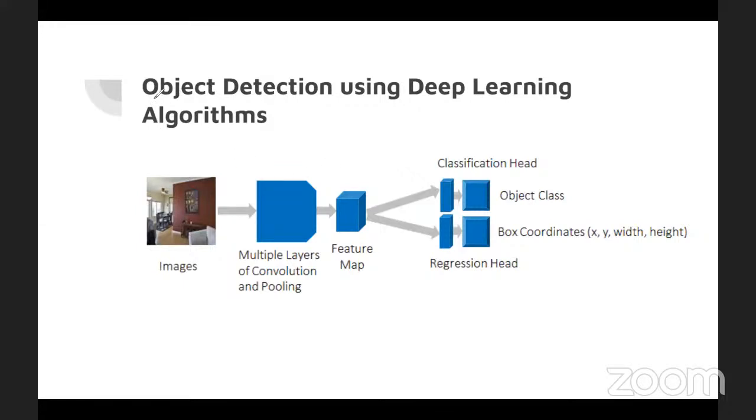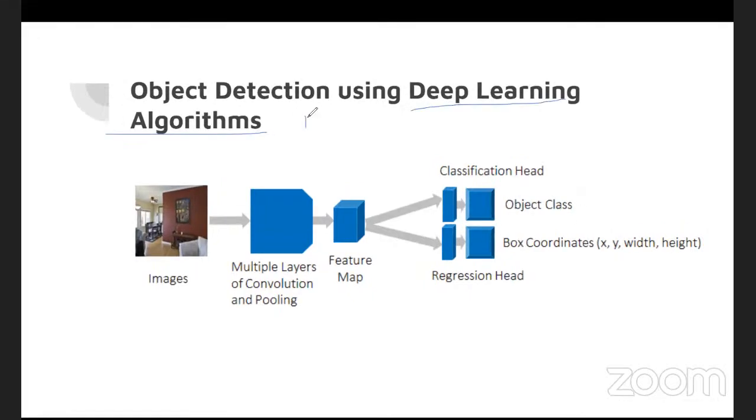So let's now come to object detection using deep learning. There are two types of object detection: one using ML algorithms, and second using deep learning algorithms. These ML algorithms are not accurate, and these deep learning algorithms are accurate.